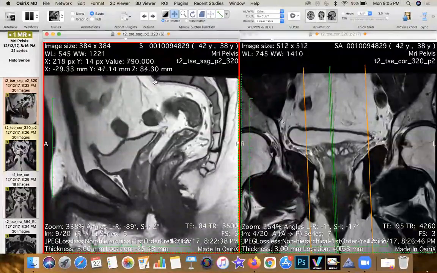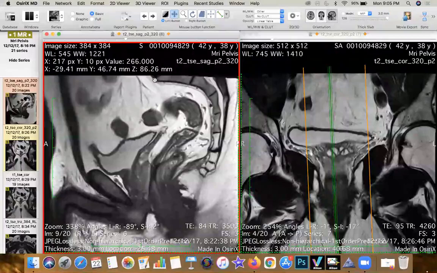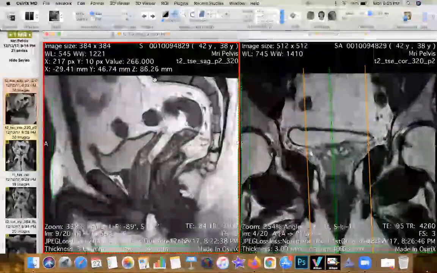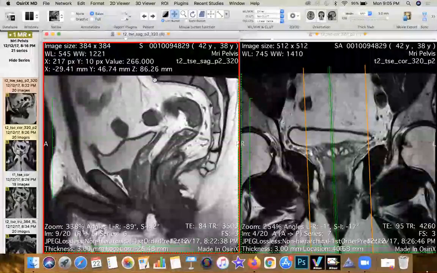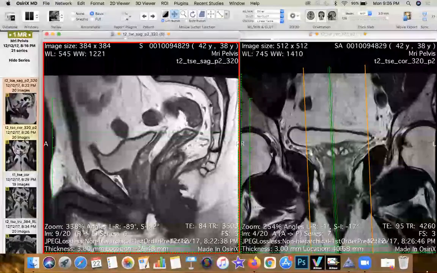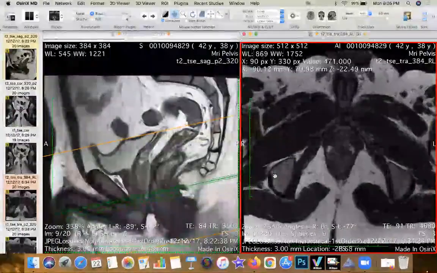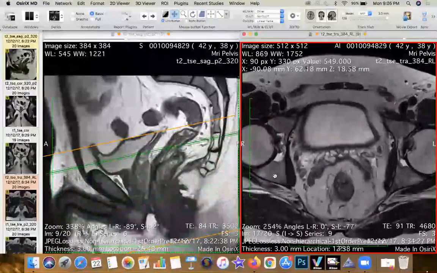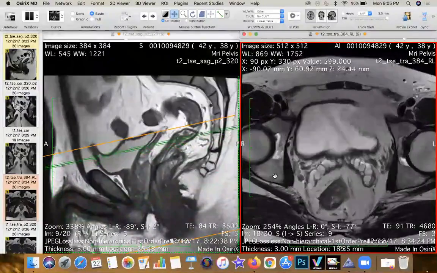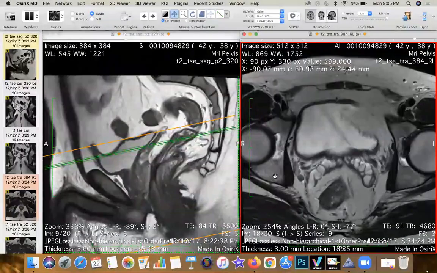This is very important because it is a key transition zone for certain facial reflections. Why is it so important? The pelvic facial reflections are a continuum of the retroperitoneal facial reflections. They don't exist in isolation, but are in continuity with the retroperitoneal fascia.